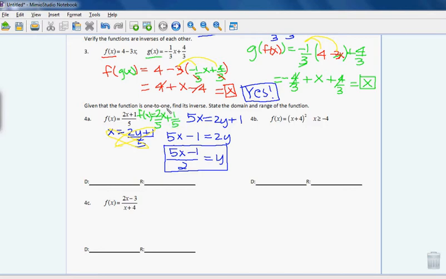So if you want to think about it like that, you can. And in this case, this is a line. If we were to graph that, we'd go up to 1/5, and then we'd go up 2 over 5, down 2 over 5, and we would have a line.